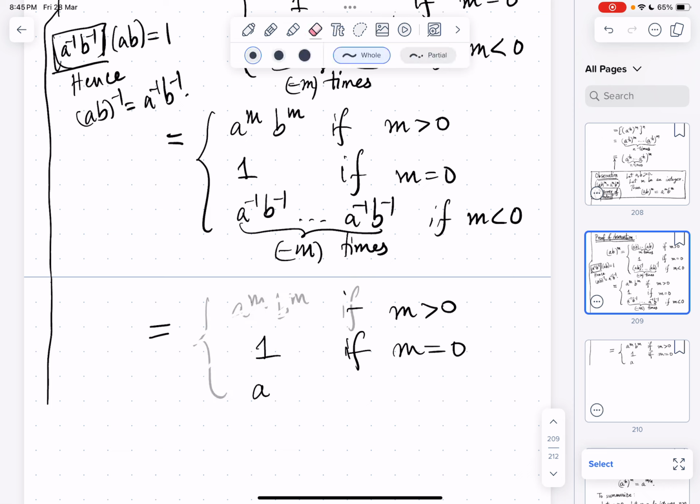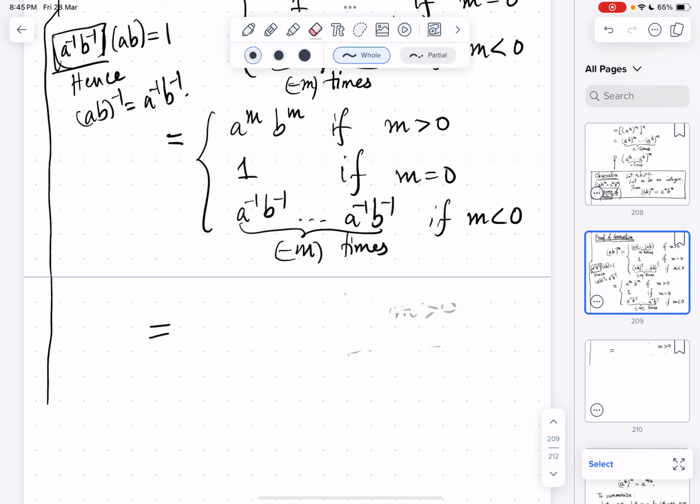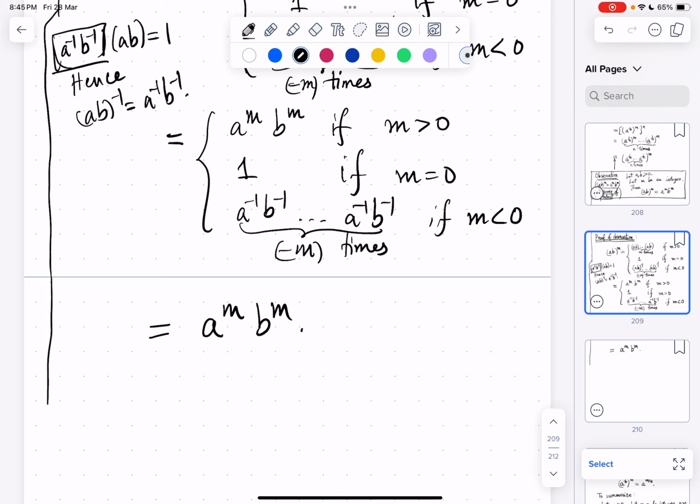In both cases it's just a^m times b^m, right? Even the other quantity, a inverse b inverse and so on taken minus m times, that product is just a inverse taken minus m times, b inverse taken minus m times, so that is just a^m times b^m. So we have the proof of the observation.